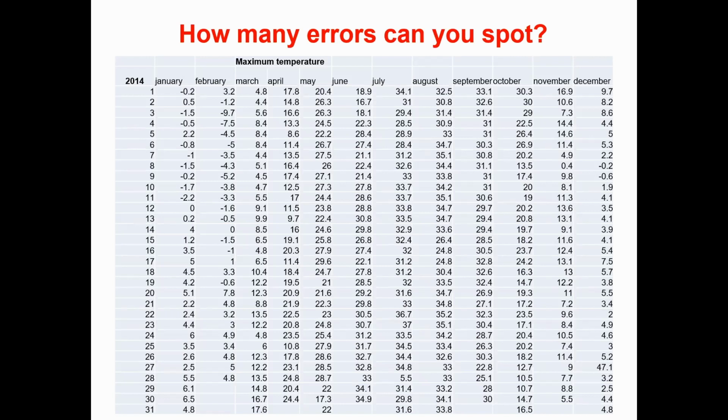Maybe use the chat function if there's anything that you think is not looking correct. So keep in mind, these are daily temperature data for the year 2014. Any thoughts?